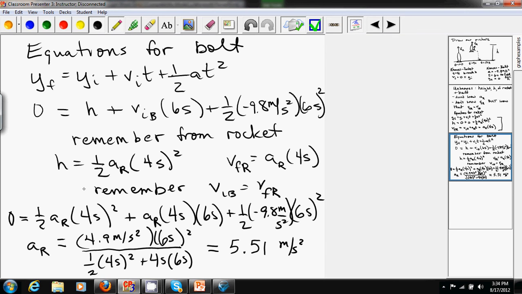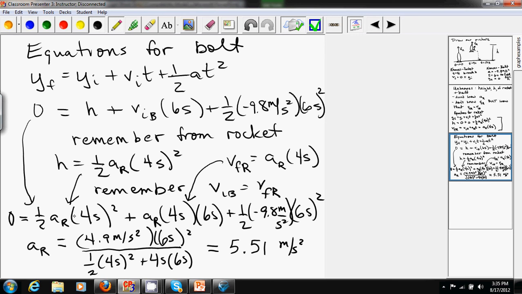So now I can plug these equations into my equation for my bolt. This becomes my height here, and my final velocity of my rocket I plug in for the initial velocity of my bolt, because they're the same thing. So I plug this in here.